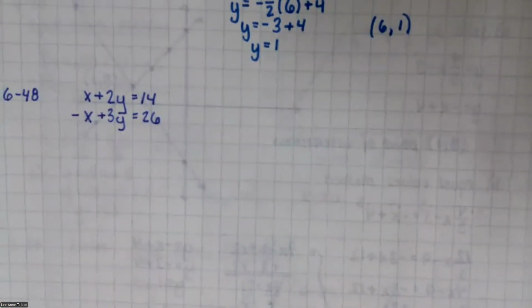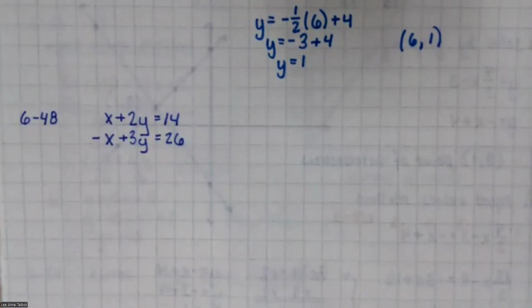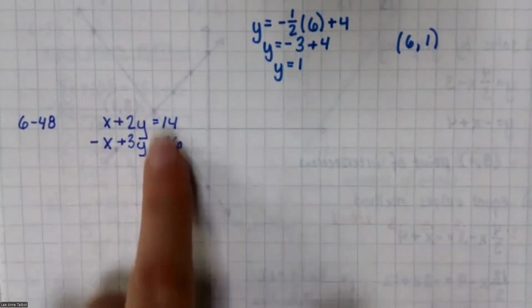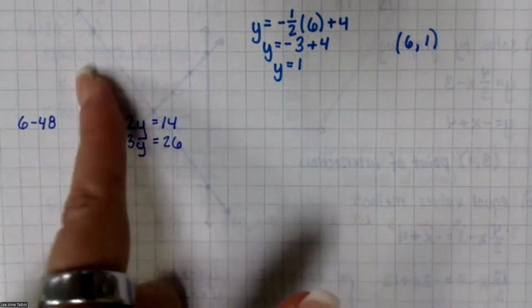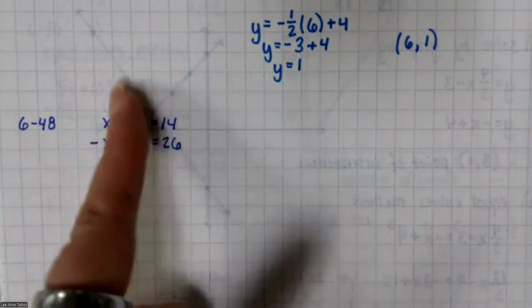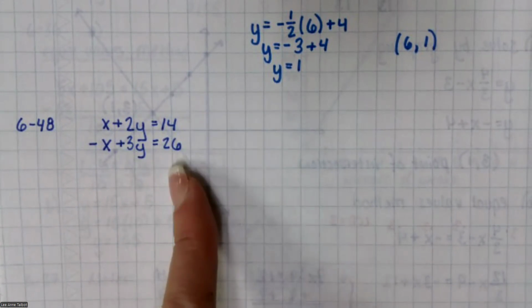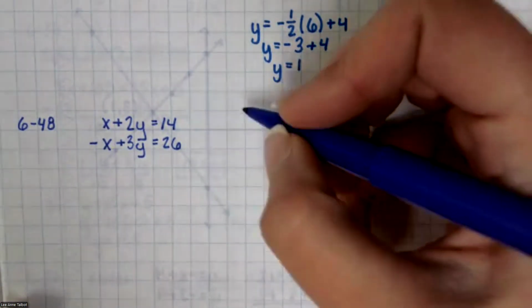Now, the last method that we do is called elimination method. You use that one when the x's and y's are lined up like this. The x's are above each other, the y's are above each other, and the numbers are above each other. And this is called elimination.